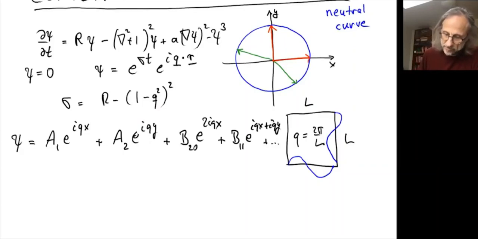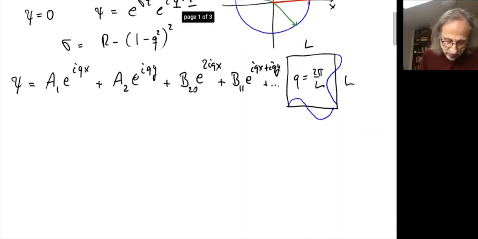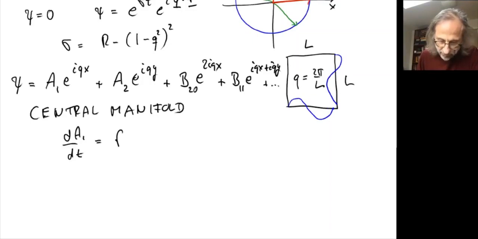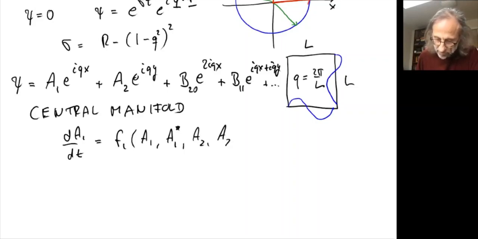So let's write that down. What we expect: there's the center manifold, which is described, I shouldn't say simply, it's actually quite messy, by some function F1, which depends on A1, A1 star, A2, and A2 star.